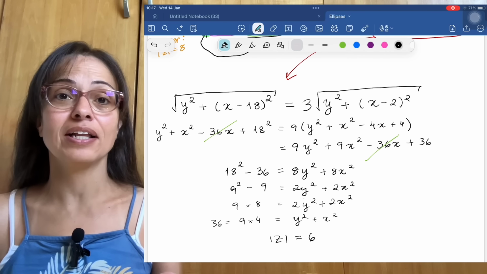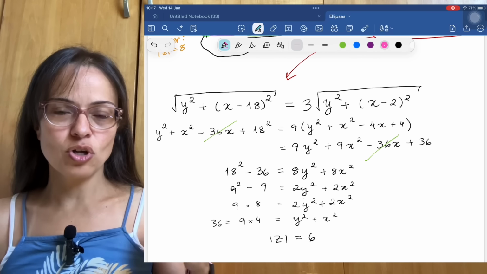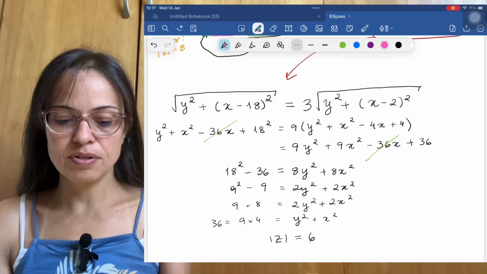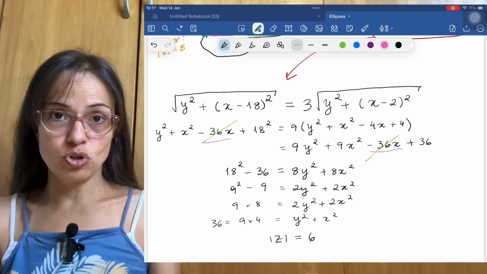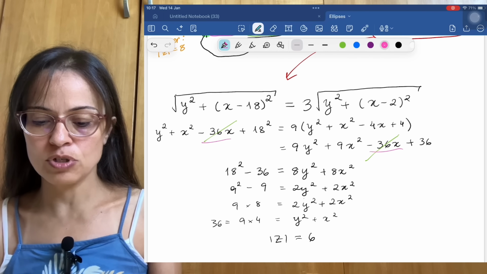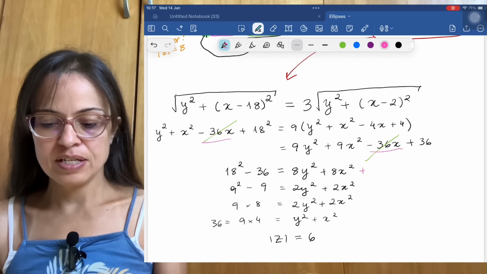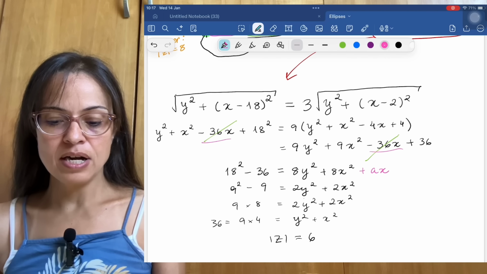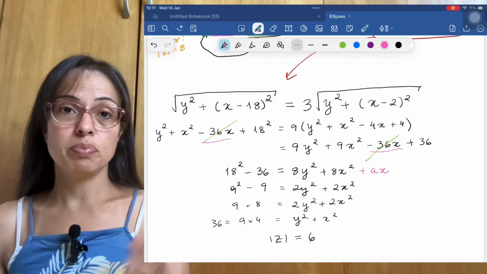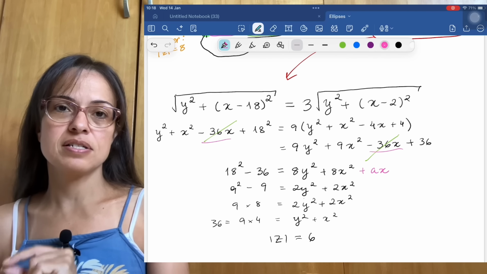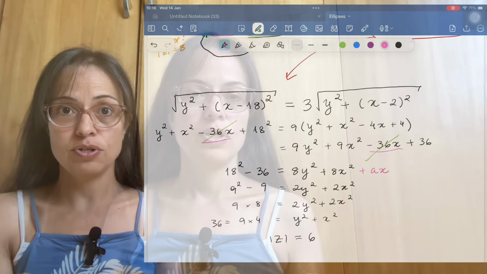This is not a thing that I like to do. If he had not chosen the number specifically, then the 36 and the 36 would not have completely canceled. We would have something with x here, and then we could complete a square to find a circle with a different center. So yeah, that's just one more tiny little thing that now you know.